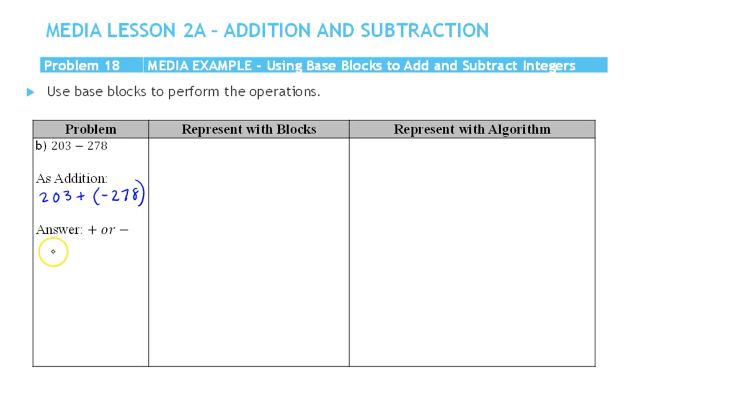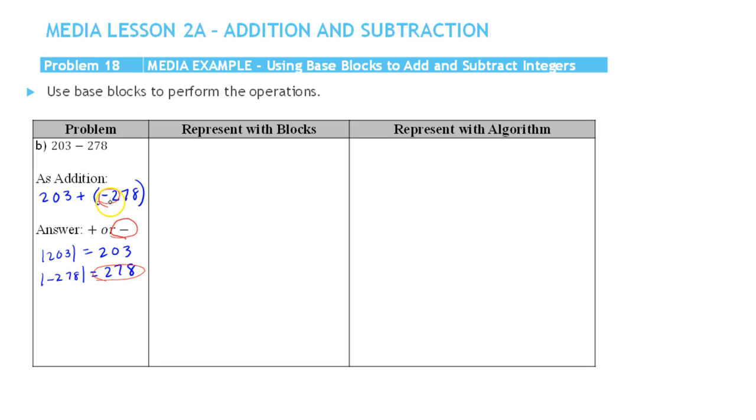So I'm just going to write these here. The absolute value of 203 is itself, and the absolute value of negative 278 is positive 278. What we need to consider is the larger absolute value is this quantity here. Its original sign was negative, so our answer is going to be negative.